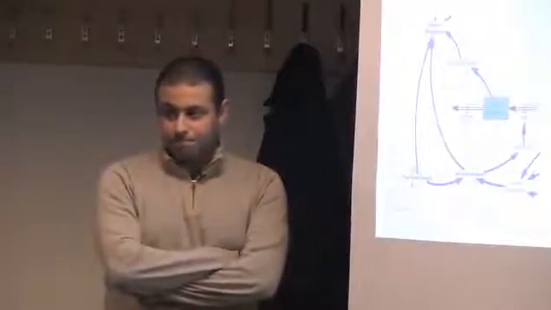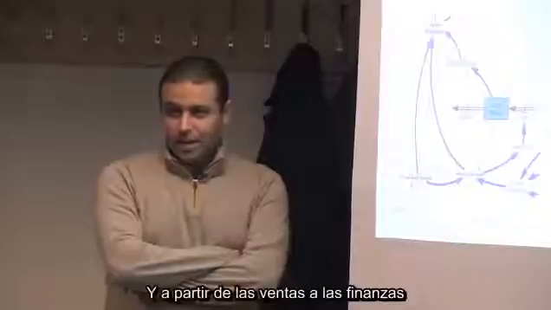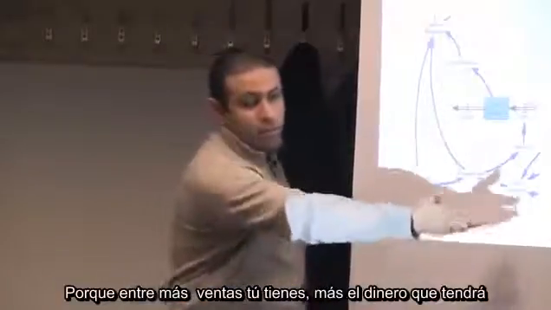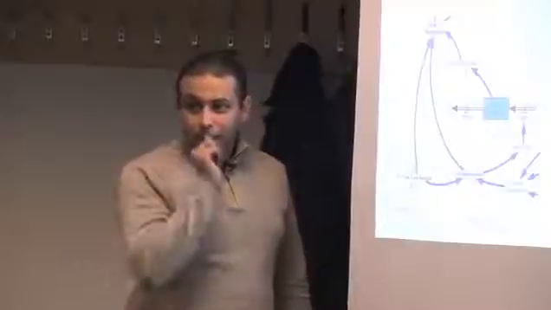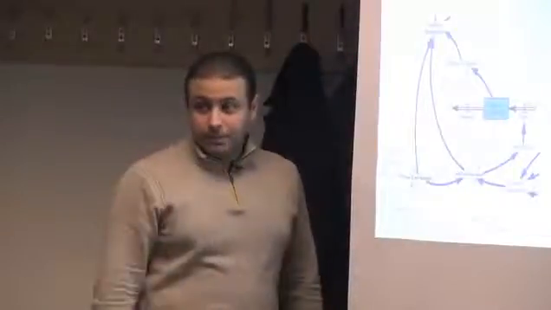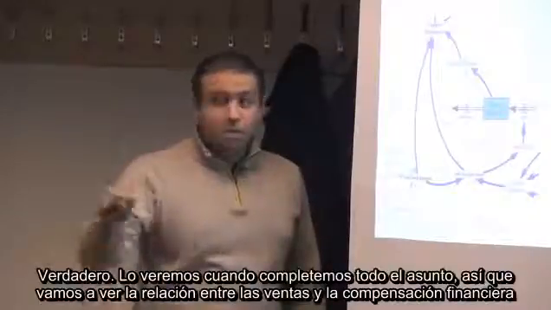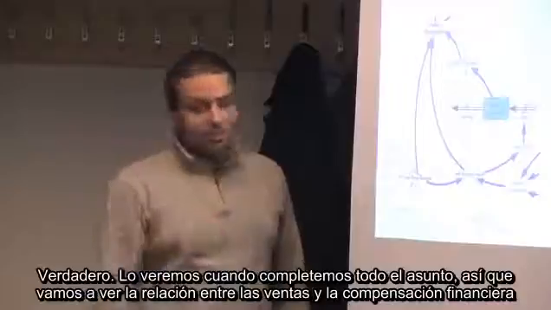So in that case, you will have a very strong loop from financial to employee productivity, and from sales to financials, right? Because the more sales you have, the more cash you have to compensate people. But we are also giving away some cash as commission, which is increasing in proportion to the sales. True. We will see this when we complete the whole thing. So we will see the relation between the sales and the financial compensation.